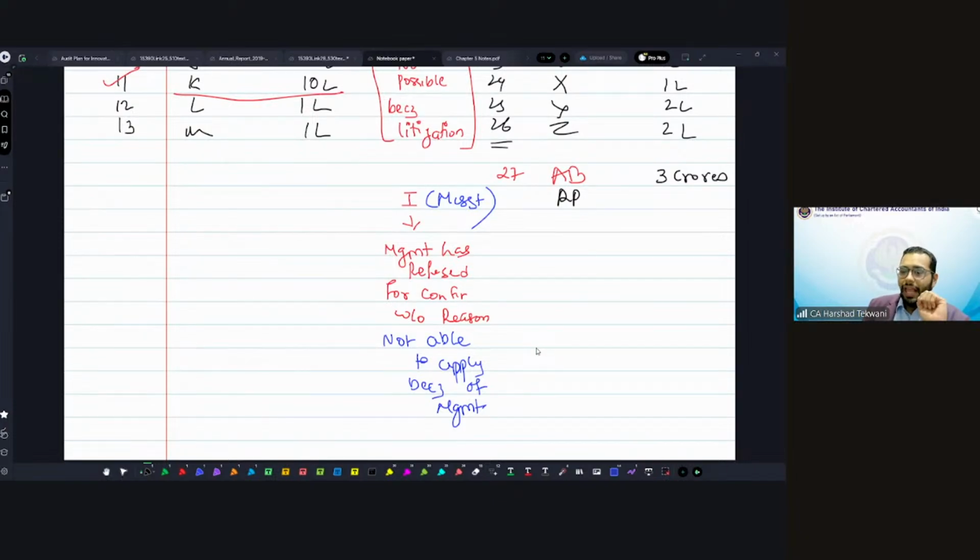In case of I, where there's a refusal from the management, you cannot project this on the entire population, because this is one case where management is denying you. Although it's a misstatement, I'm not denying it. But it's a kind of anomaly where you cannot project the misstatement of I to the entire population. Can you?